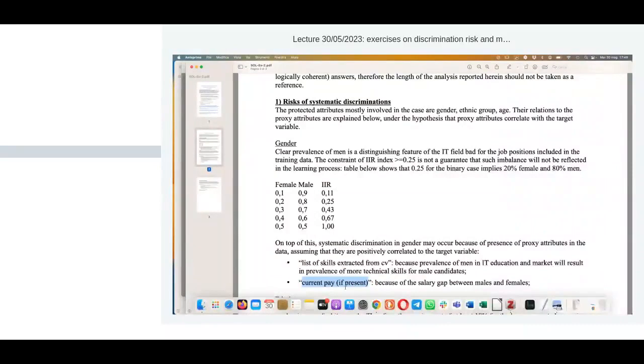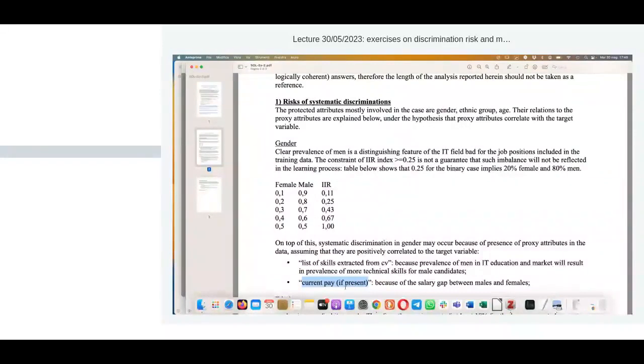We have an attribute that is current pay, that because of the general patterns that we analyzed in the first part of the course, in the slide set on demographic disparities, we know that we can safely assume is correlated with gender. Even if gender was not tracked, there is this correlation.